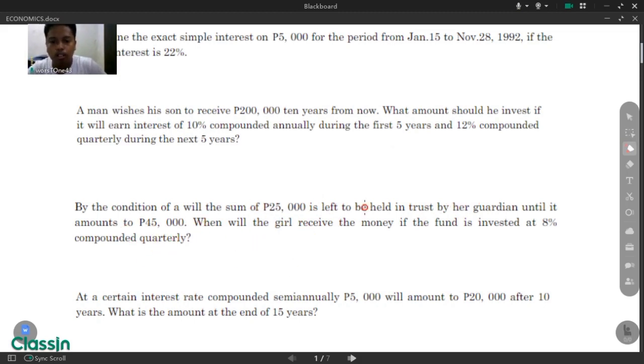When will the girl receive the money if the fund is invested at 8% compounded quarterly?